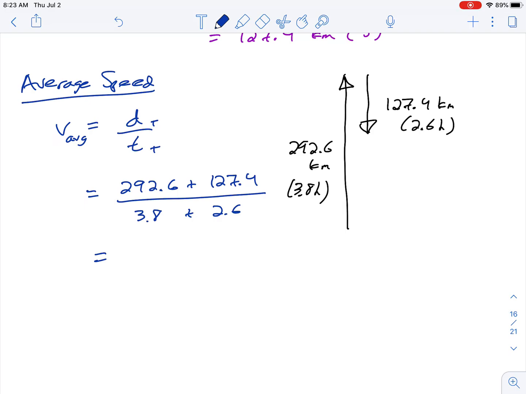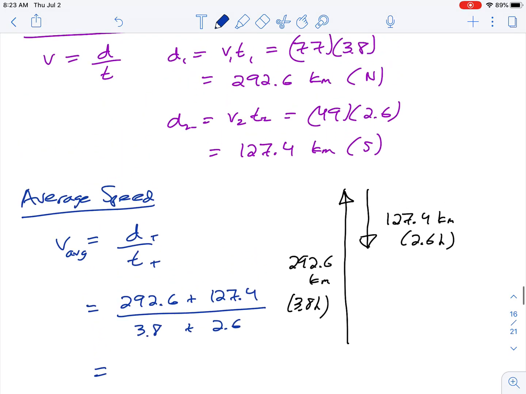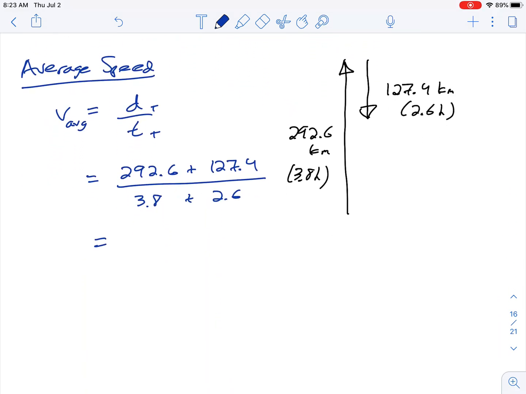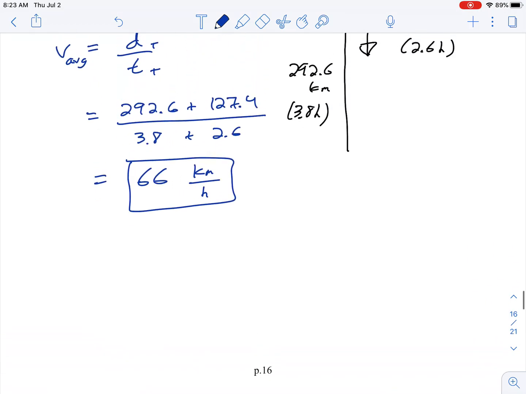All right, so this comes out to be about 65.625. This question has only 2 significant digits. So that comes out to be 66, and the units will be kilometers per hour. So you don't use positive or negatives. You don't show direction. It's just strictly scalar all the way through.